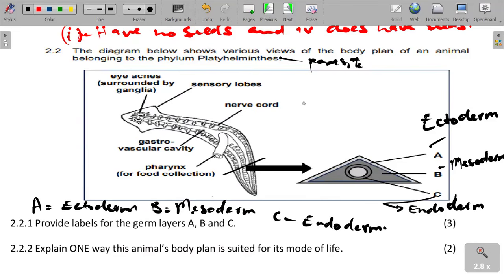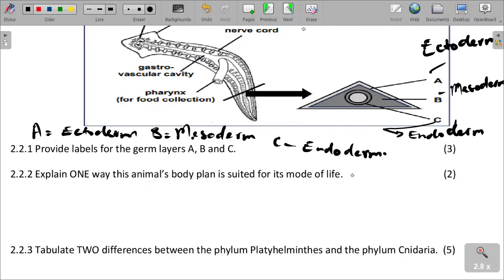This question is also quite common in life sciences. We quite a lot of times have to answer that one and then explain one way this animal's body plan is suited for its mode of life.